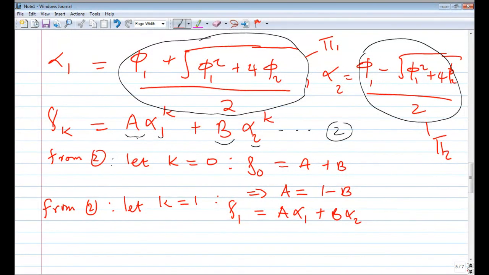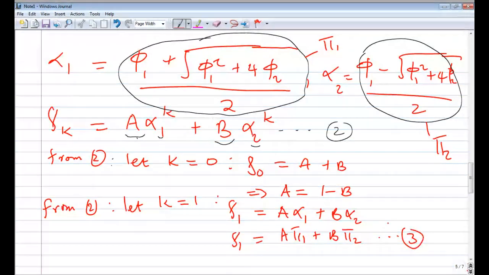And remember, alpha 1 and alpha 2 are given there. So therefore, you can say rho 1 equals a pi 1 plus b pi 2. We can call it equation number 3. So we want to calculate a and b to find rho 1.